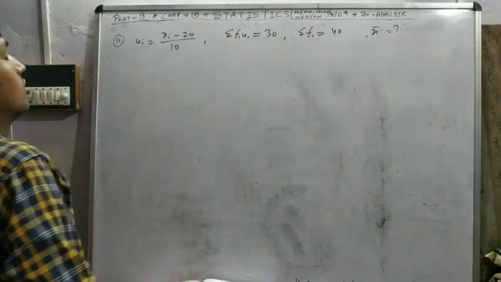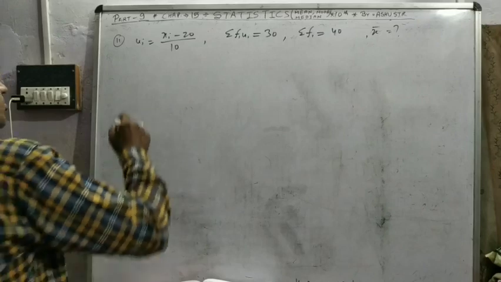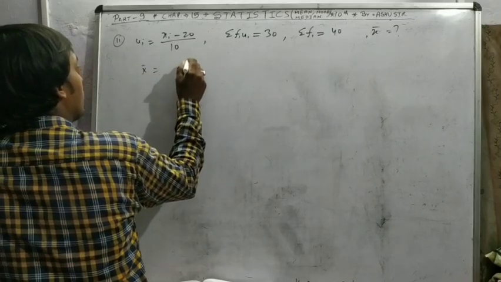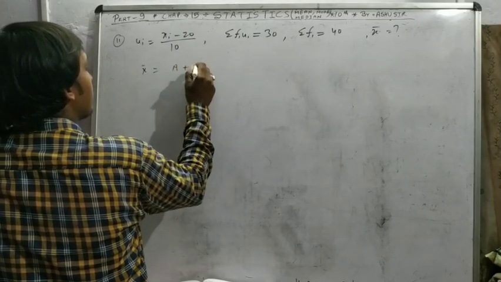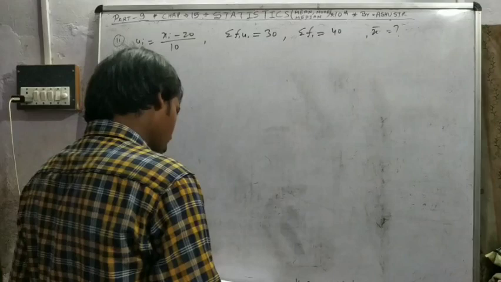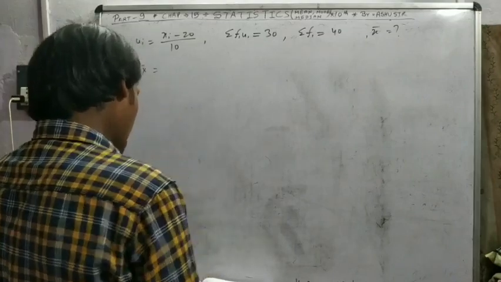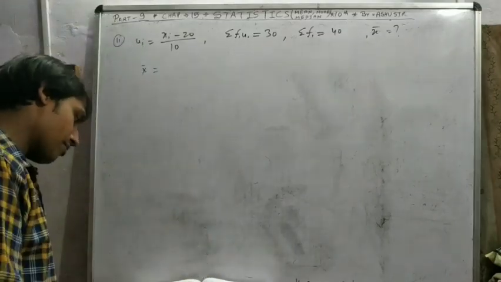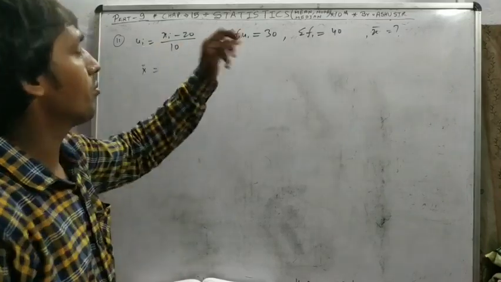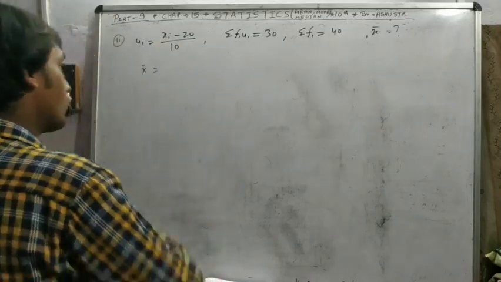So you know mean is equal to a plus, the different formulas. That's finding mean by the assumed mean method. But here, if we use u, you can find the mean by the assumed mean method.